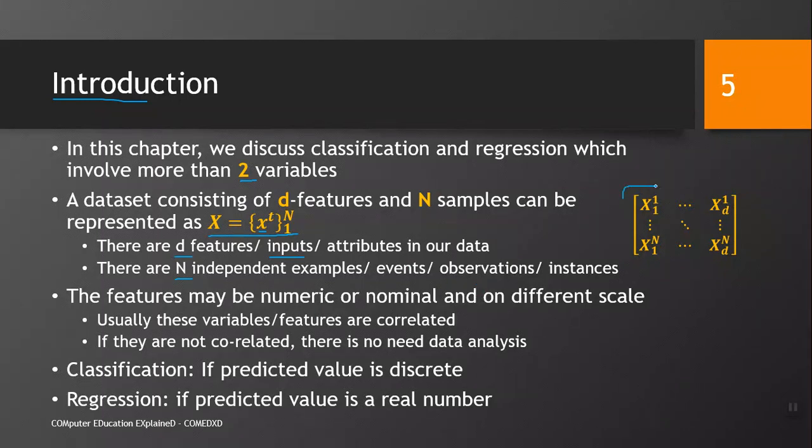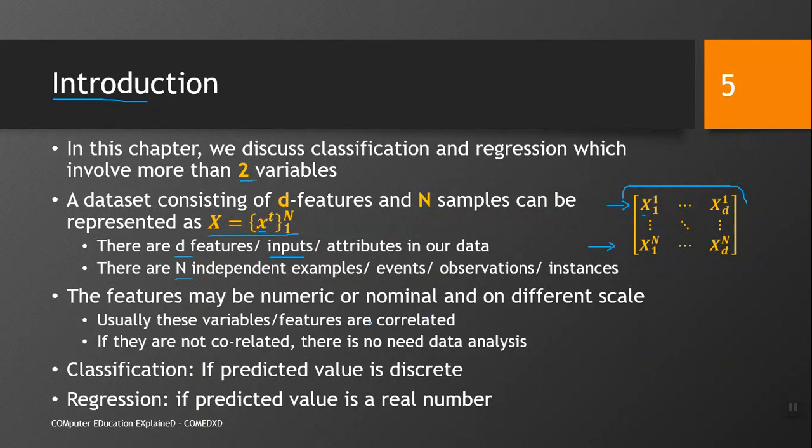Such a data set could be represented in this form, where x11, the first row, represents the first instance of our input, and x1 up to xd represents the features or the inputs or the attributes of the first instance. Similarly, for the nth instance we still have d features. In this way you can understand how our data set looks.